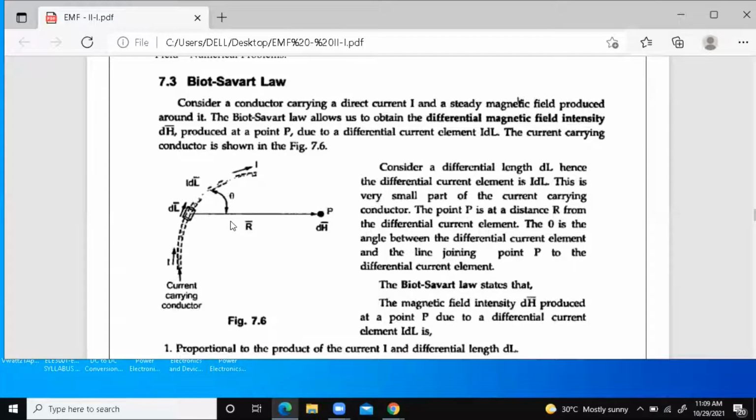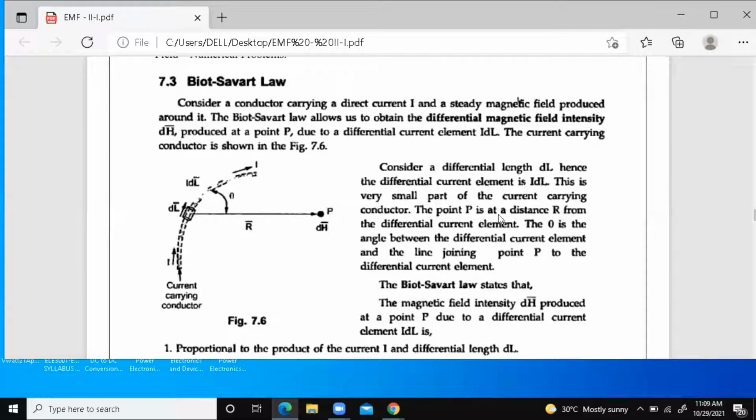So P is at a vector distance R from your differential length of current. Consider differential length dL, hence the differential current element I dL. This is a very small part of the current carrying conductor.